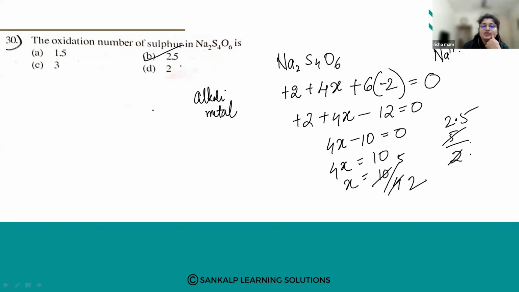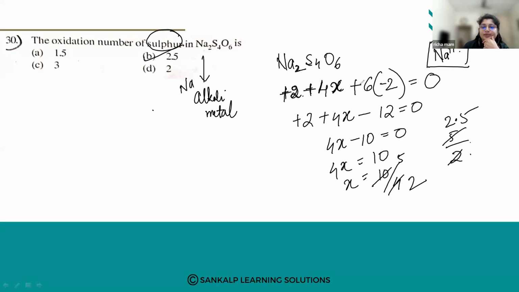So what we have done: sodium is an alkali metal, so we know the common oxidation state of alkali metals is +1. How many sodiums are there? 2 sodium, so it becomes +2 plus. How many sulfurs are there? 4 sulfurs. We don't know it, we have to find sulfur, so we'll keep it as x.